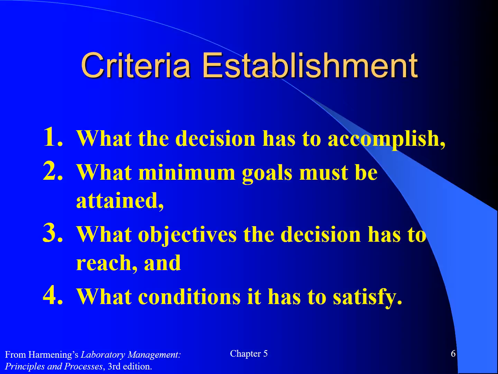Step 3 in the problem-solving process involves establishing criteria on which potential solutions will be evaluated. Clear specifications of what the decision has to accomplish, what minimum goals must be attained, what objectives the decision has to reach, and what conditions it has to satisfy must be determined.